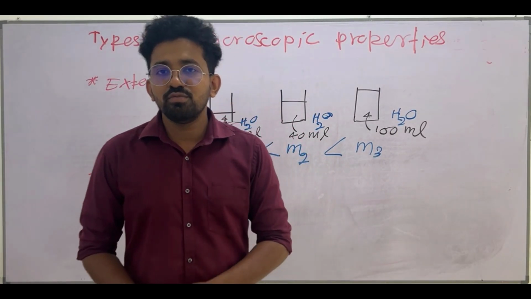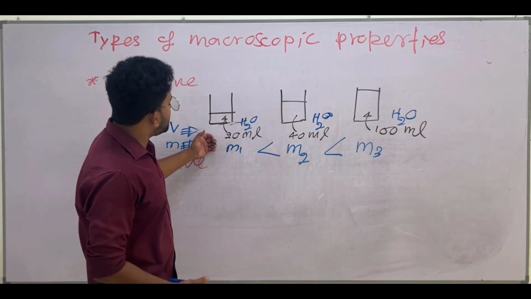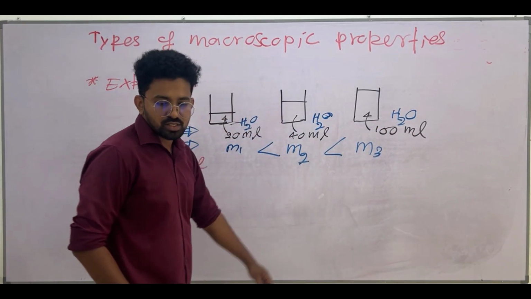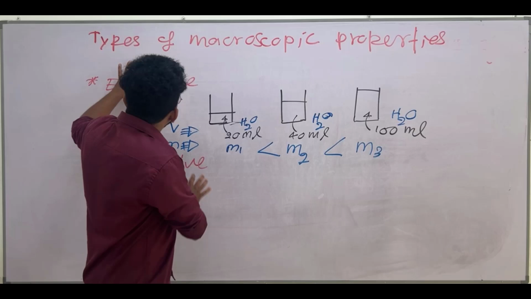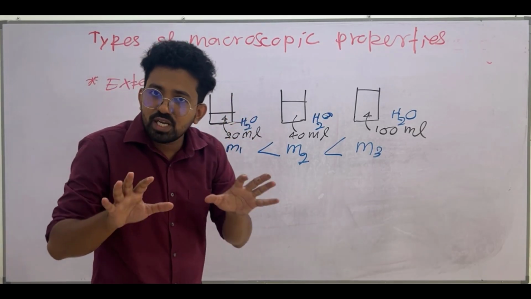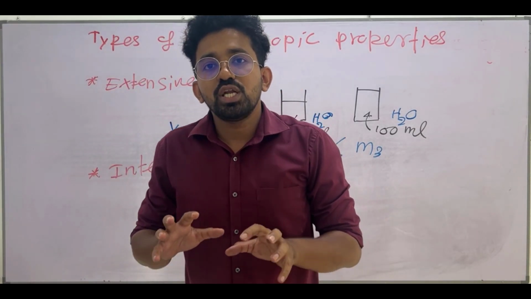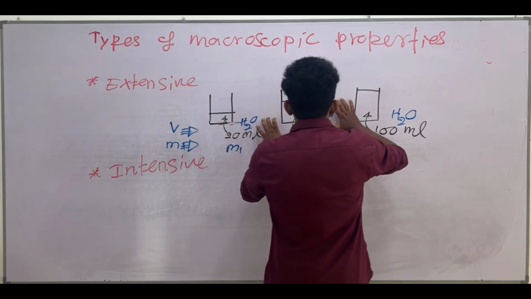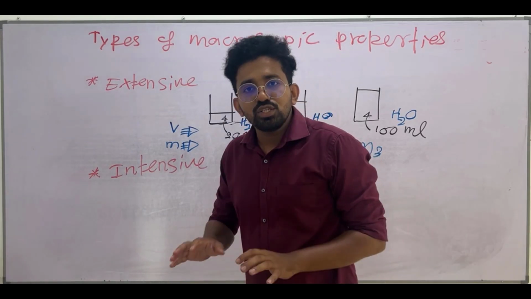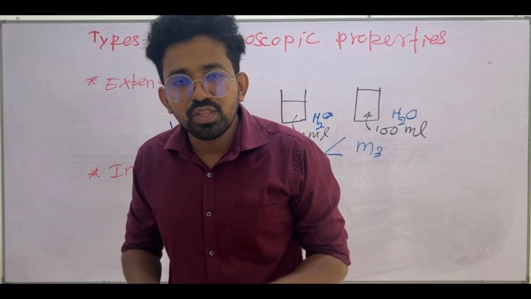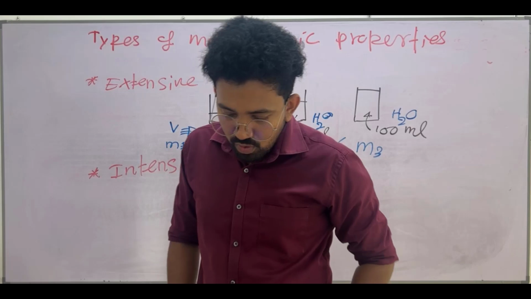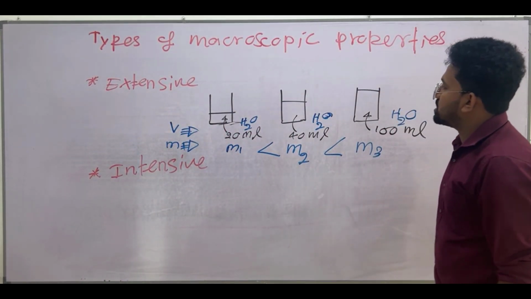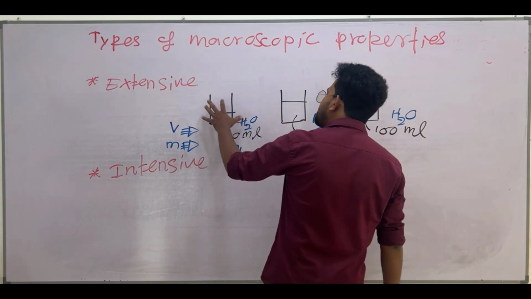So we can observe that when the volume increases, the mass also increases. The extensive properties are the properties which depend on the size or the amount of the matter in the system.